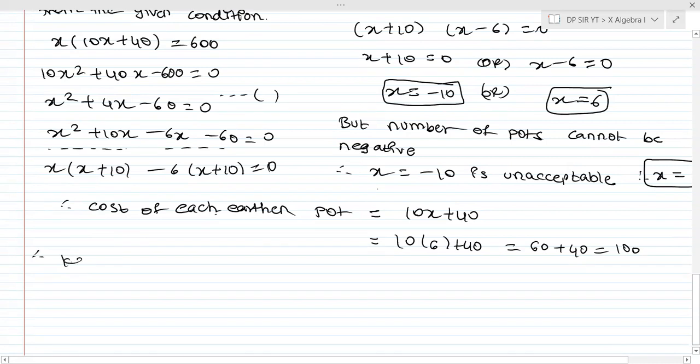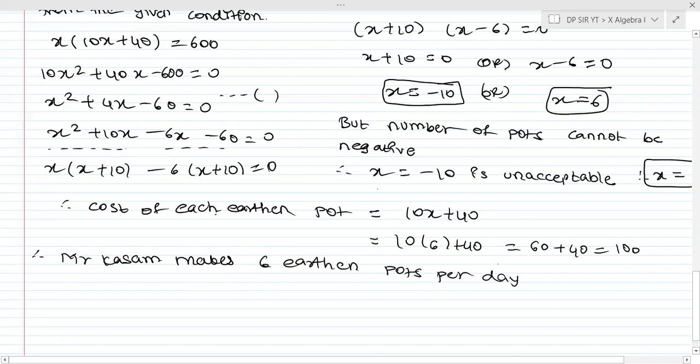Therefore, Mr. Kassam makes 6 earthen pots per day, and the cost of each earthen pot. What did the question say?